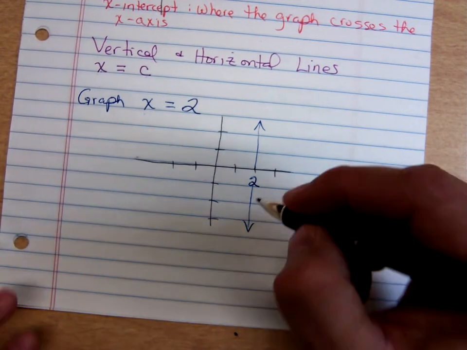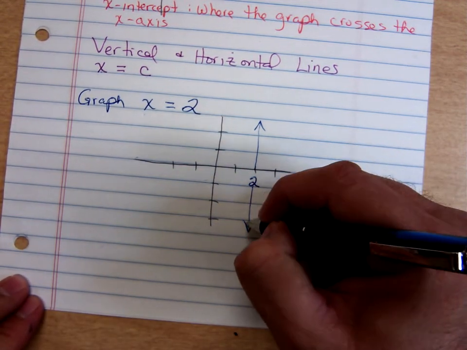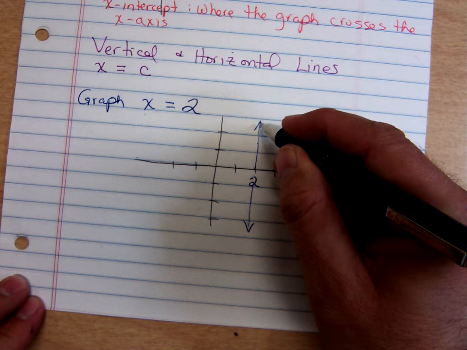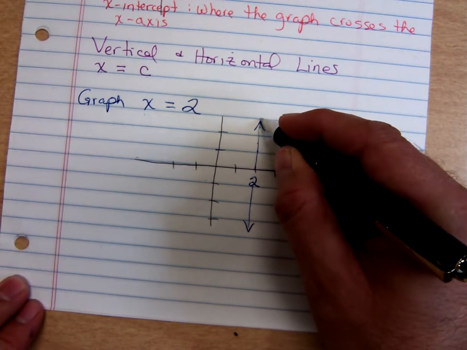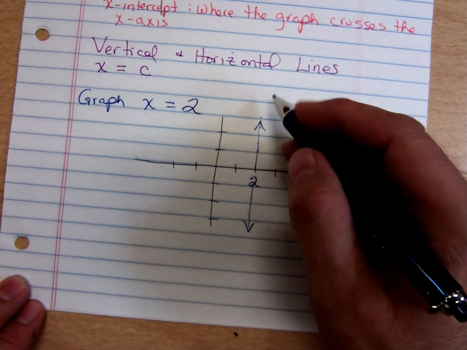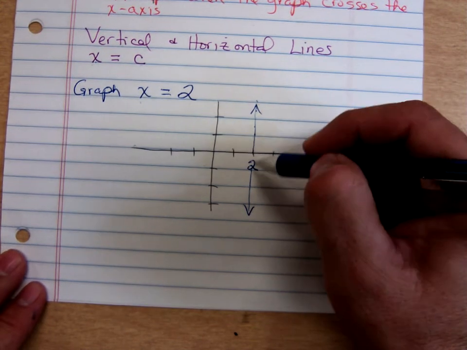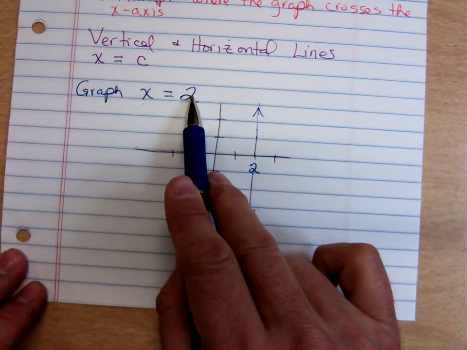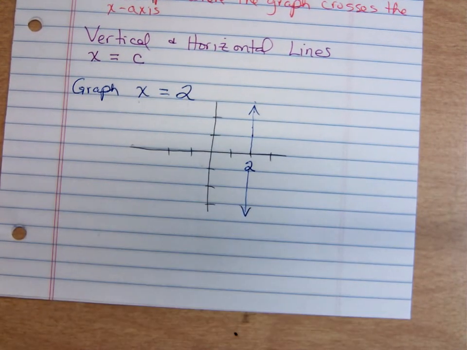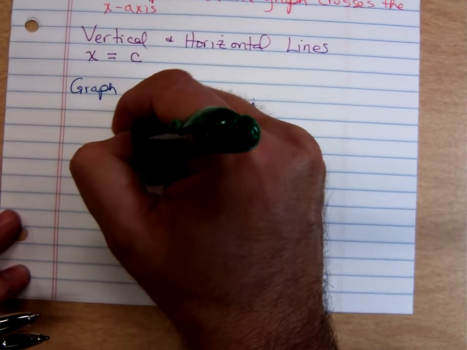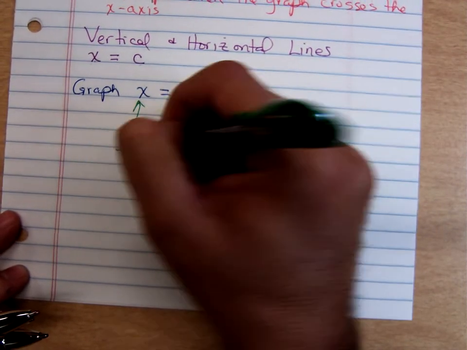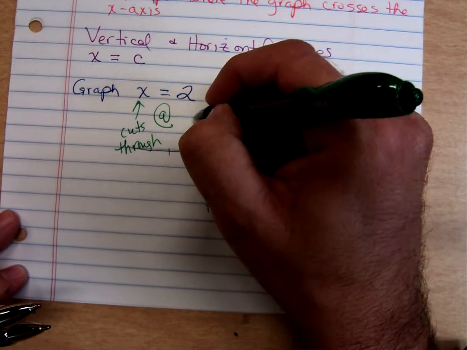Every point on this line, if we were going to label ordered pairs, like right here, this is the point 2, 1, 2, 2, 2, 3, and so forth. Every point on this vertical line has an x value of 2. It's cutting through this axis at this number.